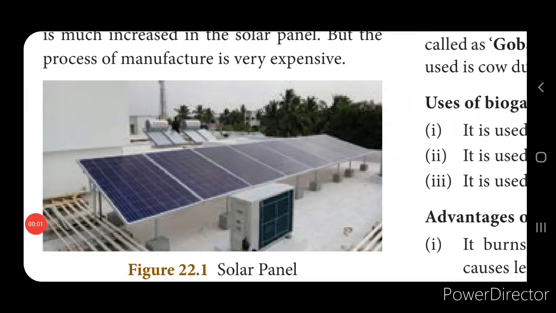So the first concept that we are going to see is the non-conventional energy resources, also called alternative energy resources, right? For sustainable development in the energy sector, we must conserve the non-renewable conventional sources because they are undergoing rapid depletion, isn't it? So they should be replaced by renewable sources of energy.